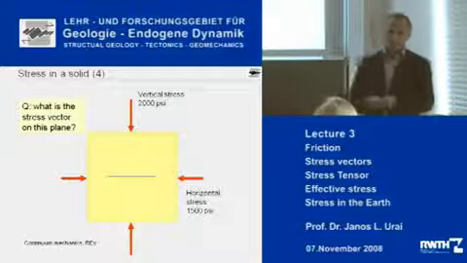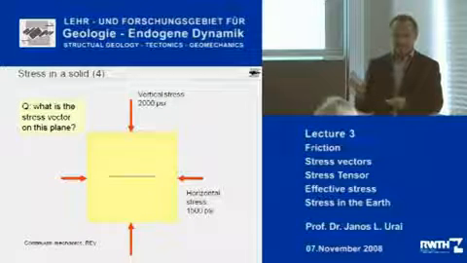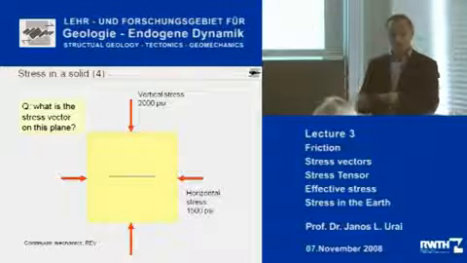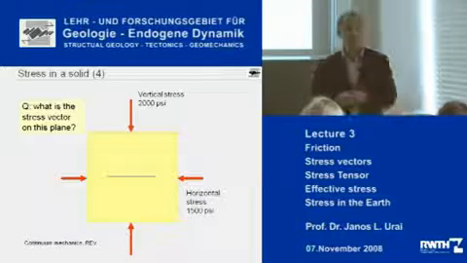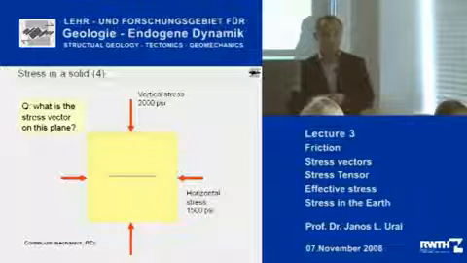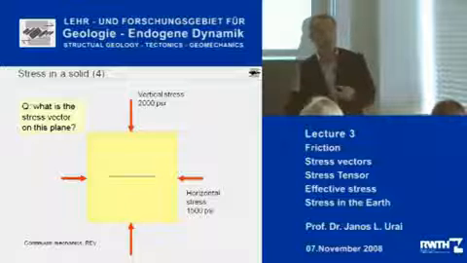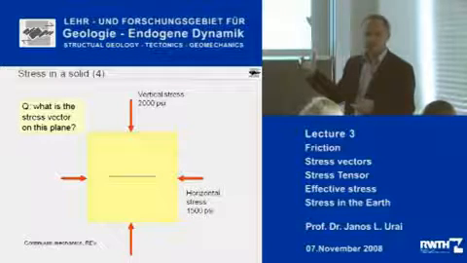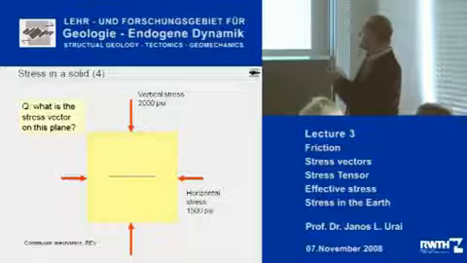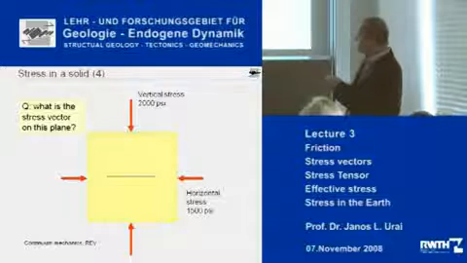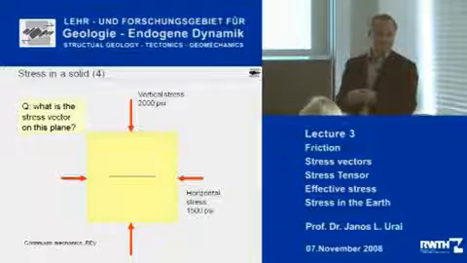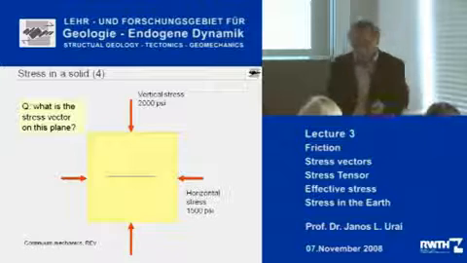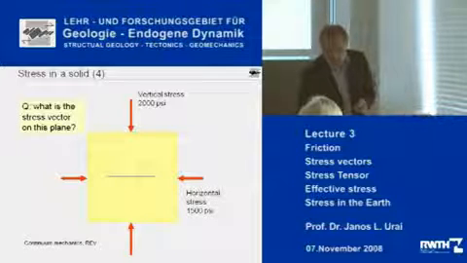It's exactly the same difficulty as the next question. I put in a horizontal plane, and I ask you, what is the stress vector on this plane? You think a little bit, and you very quickly come to the answer. It is vertical, exactly normal to the plane, and magnitude is 2000. Okay, so far so good, not very difficult.